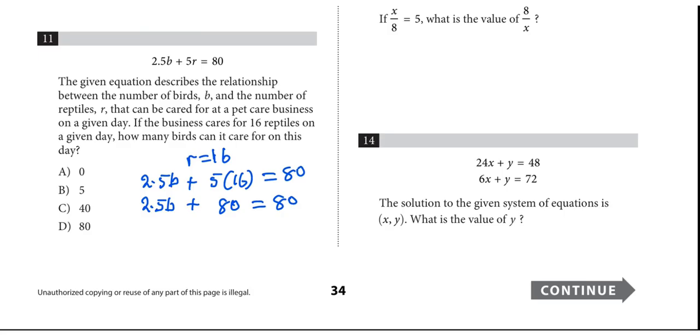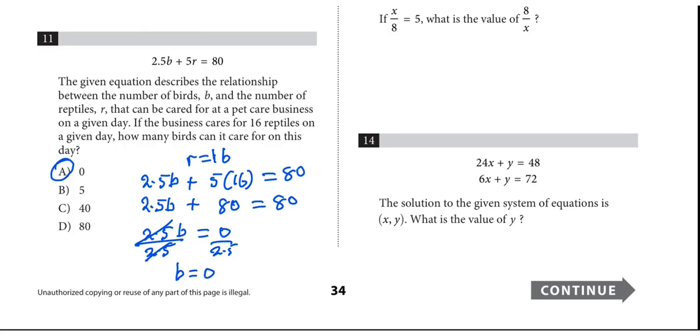If we subtract 80 from both sides, then 2.5b will be equal to 0. So if you divide both sides by 2.5, this would cancel out, and 0 divided by 2.5 is 0. So the number of birds attended to on that day is 0. So the option is A.